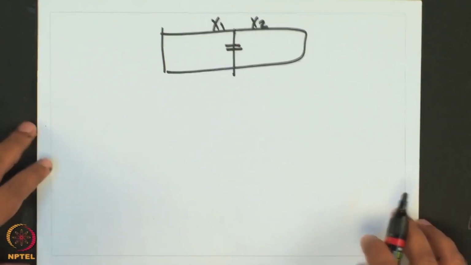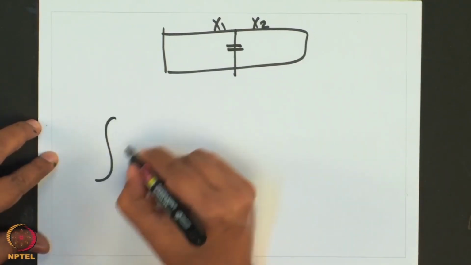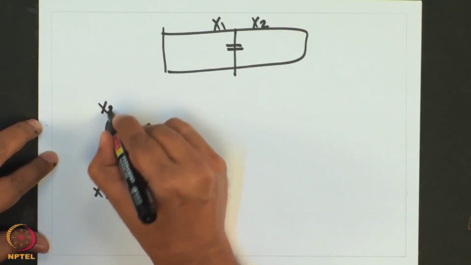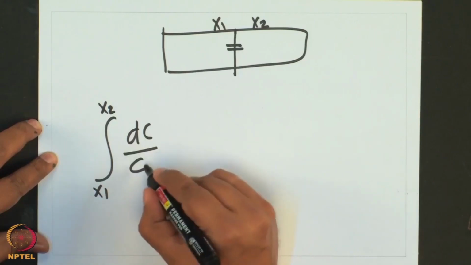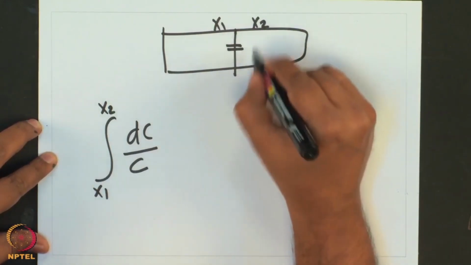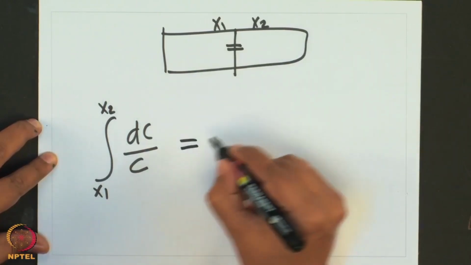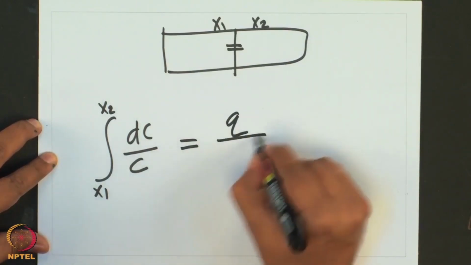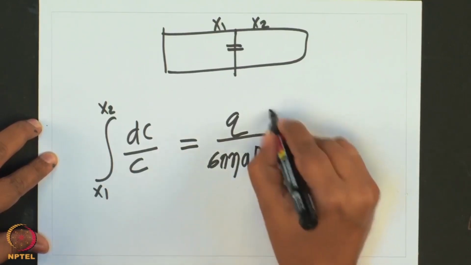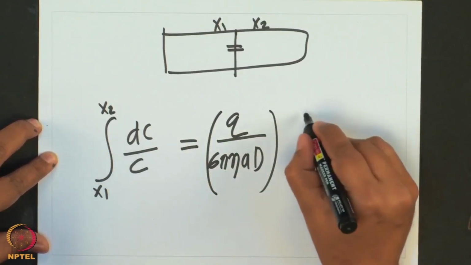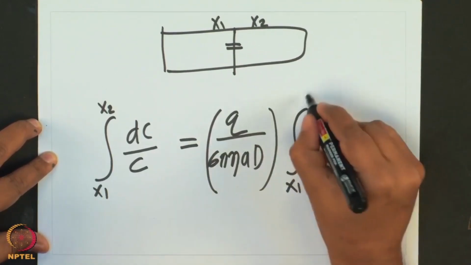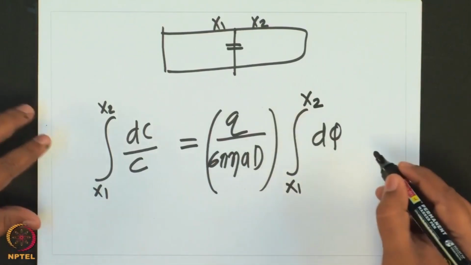Now if I rewrite this, what I get is the integral of dC by C from x1 to x2. The C is a function of x1 and x2. At x1 there is a concentration and at x2 there is a concentration. This is equal to q by 6 pi eta a D times the integral of d phi from x1 to x2.